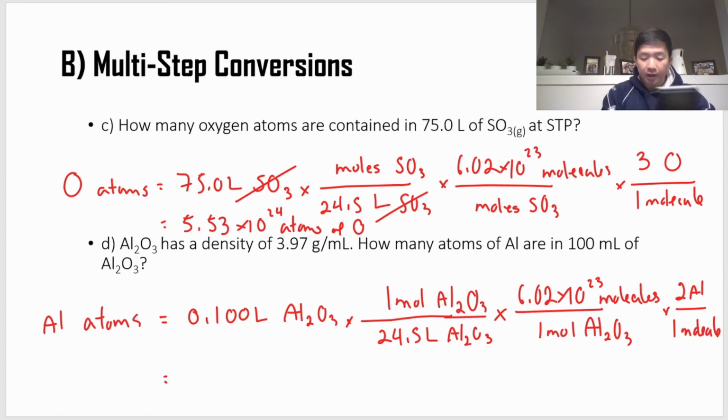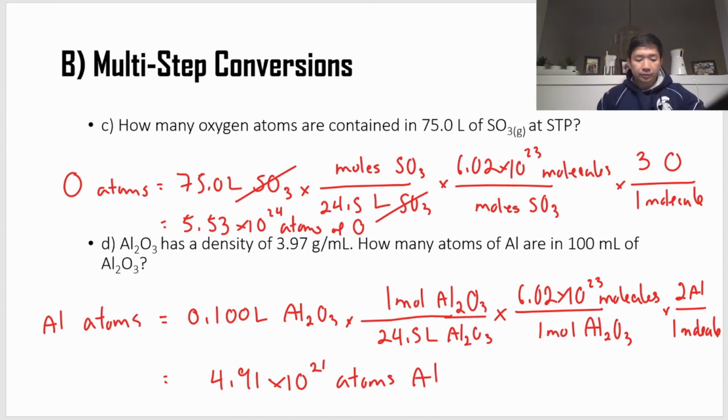When I do that, I get 0.1 divided by 24.5 times 6.02 times 10 to the power of 23 times 2. I get 4.91 times 10 to the power 21 atoms of aluminum.